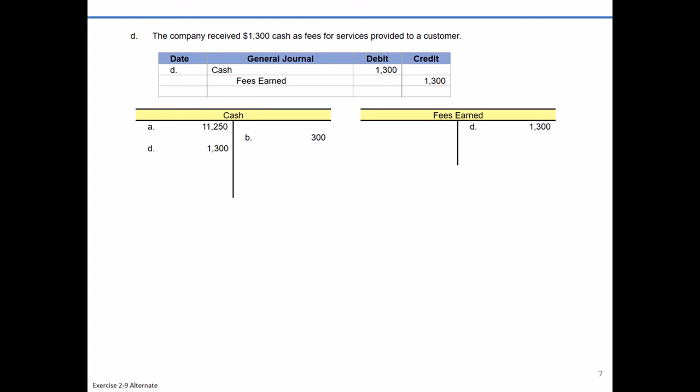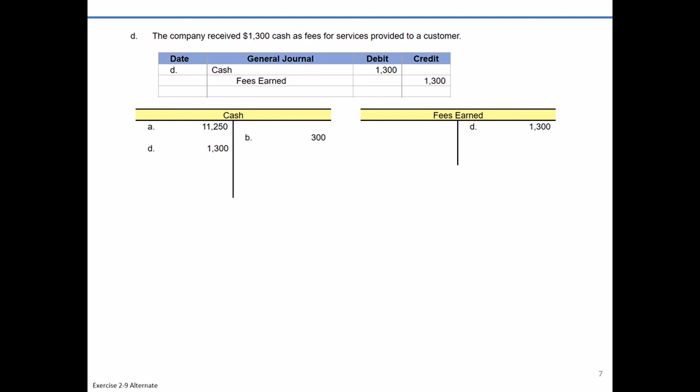I also want to ask you, what if we had changed this transaction just a little bit, and instead of receiving cash for a service that we've provided to the customer, so we've done the work for them, on the other hand, what if the customer prepays us? Well, I'm still gaining cash, right? I'm going to debit it for $1,300, but I couldn't credit fees earned to revenue account because I haven't done the work.